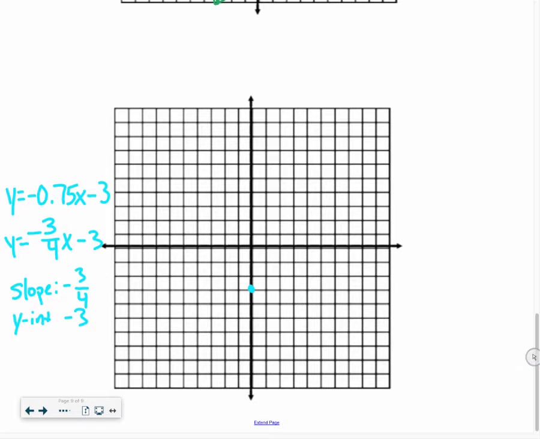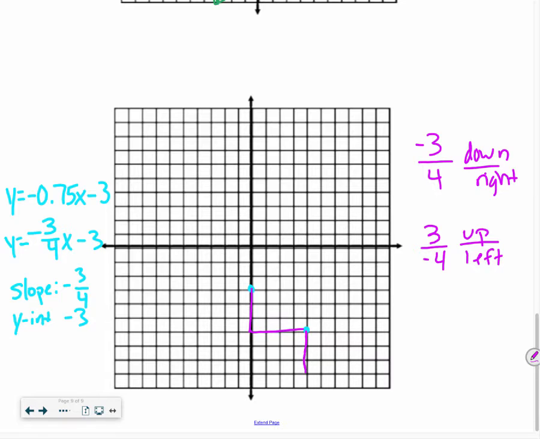And then I have two options. I can either do negative 3 over 4, so down, and then right, or I can do a positive 3 divided by a negative 4, and that's up 3 and left 4. Those are my two options. So if I go down 3 and I go right 4, that brings me to my next point.